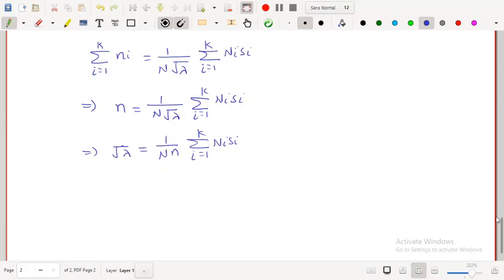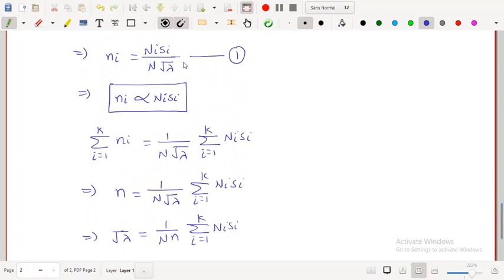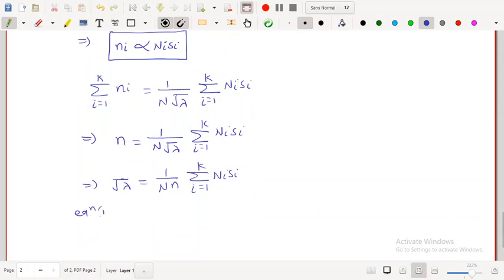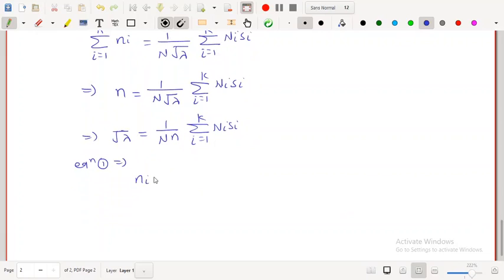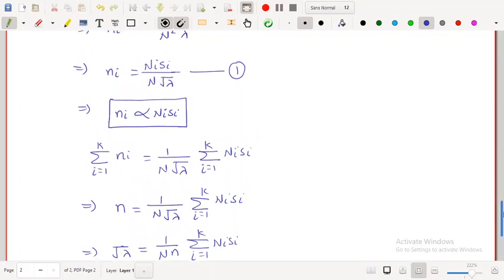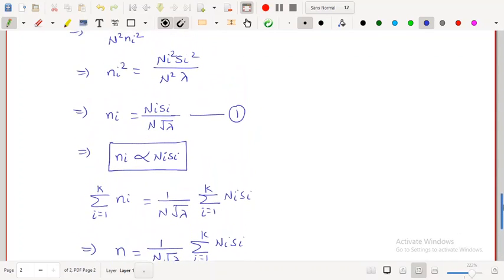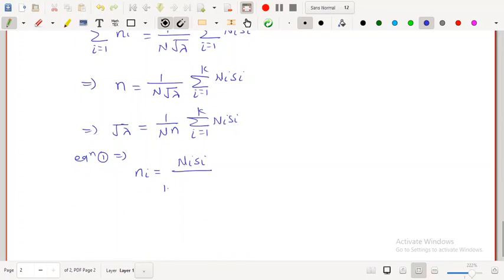So put this value of root lambda in equation number 1. Equation number 1 is ni is equal to Ni Si upon N into root lambda. Root lambda is this one, put here, so this will be 1 upon n summation i running from 1 to k Ni Si. Solve this further.